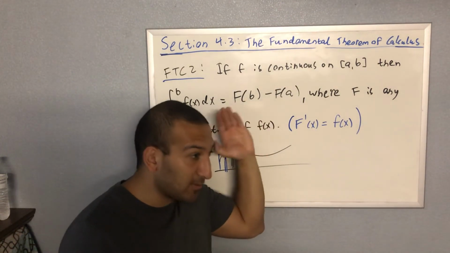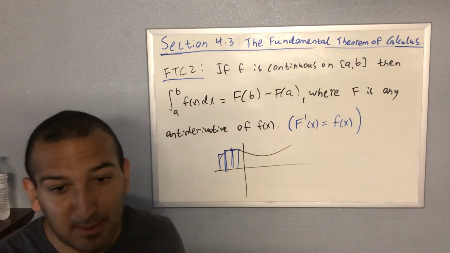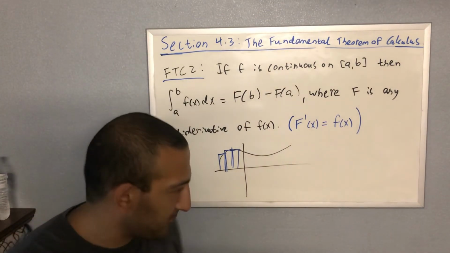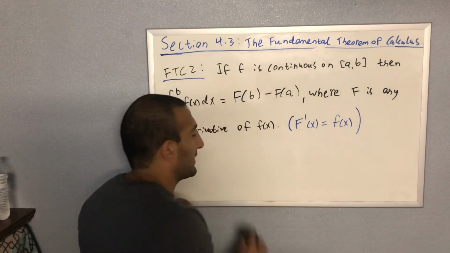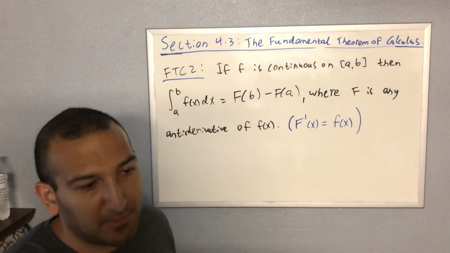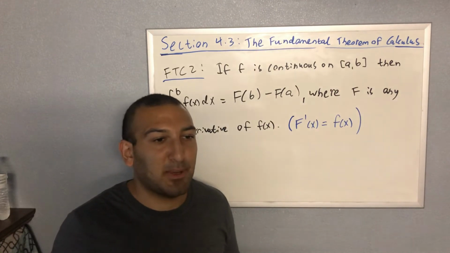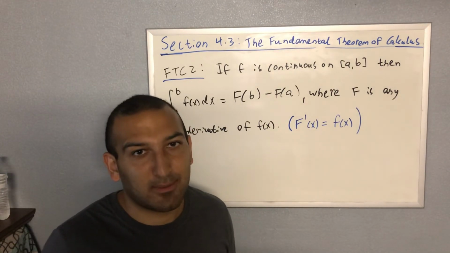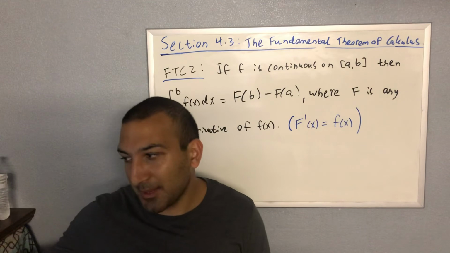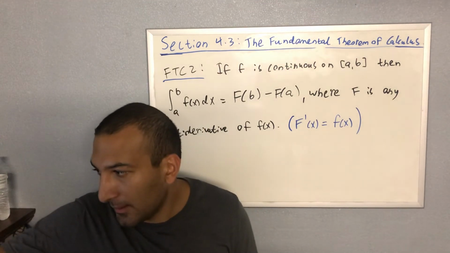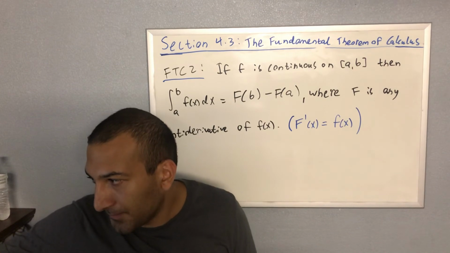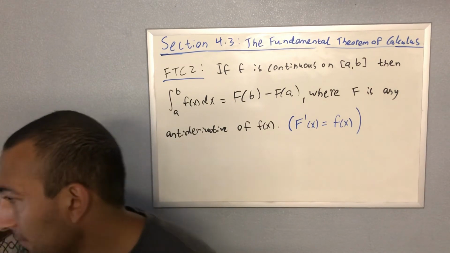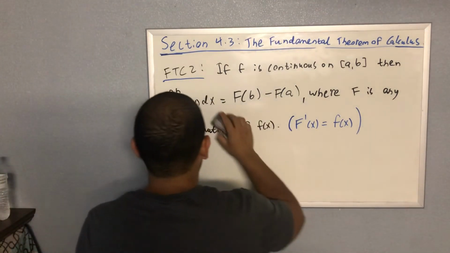So this is also an amazing, very powerful result. It's kind of like using the limit definition of the derivative as opposed to using the rules. One takes forever, the other one is immediate. Okay, so now let's do an example of this, where we use this guy.